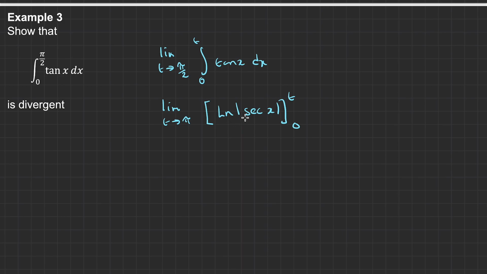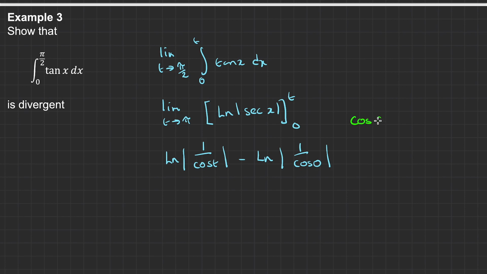So now we can substitute in our limits. So we've got the natural log, and the sec x I'm going to write as 1 over cos x, so 1 over cos t, minus the natural log of 1 over cos of 0.